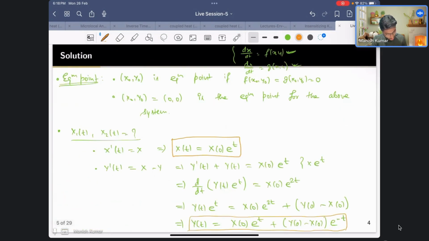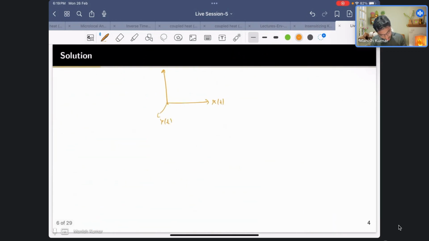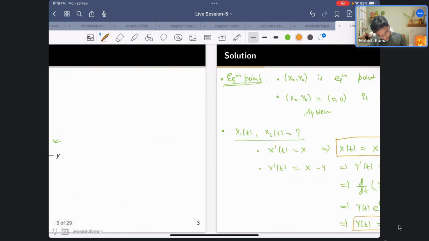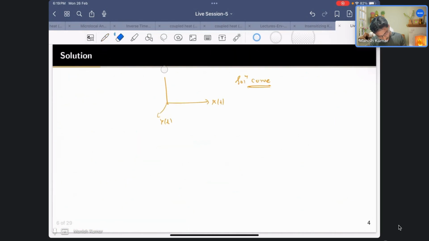If you want to plot, you can plot it, and this would be called the solution curve. But what we have been asked is to calculate the orbit, so you can forget about this axis. Now you have to plot it in x and y. That means you have eliminated the role of t.